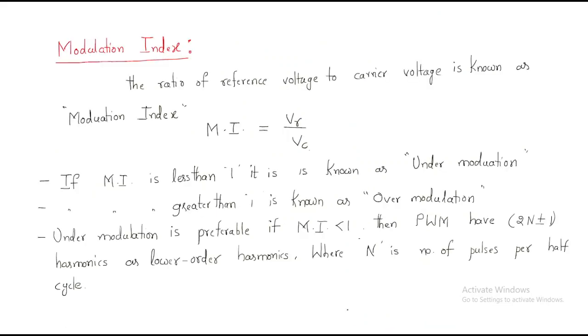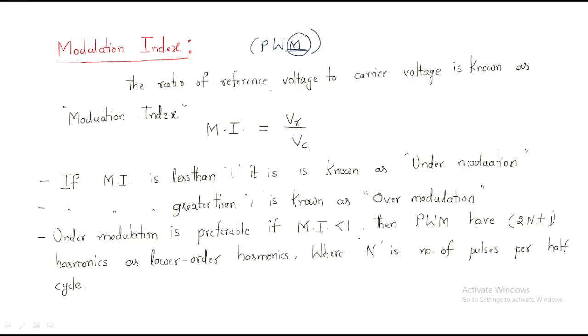Okay, right. Next, in this we have another important parameter, that is the modulation index. We can simply say modulation is useful in pulse width modulation. So from this, modulation is taken and index is considered, giving modulation index.